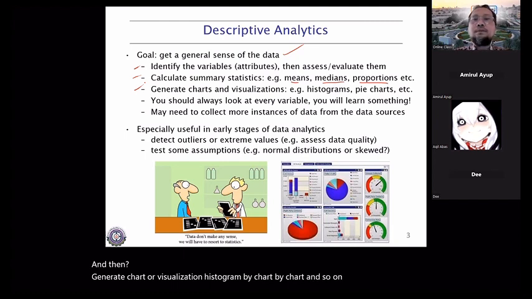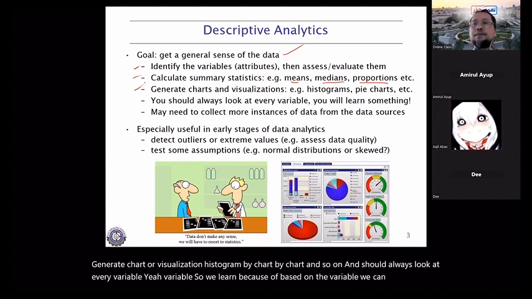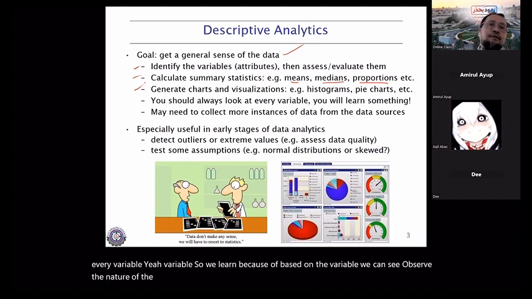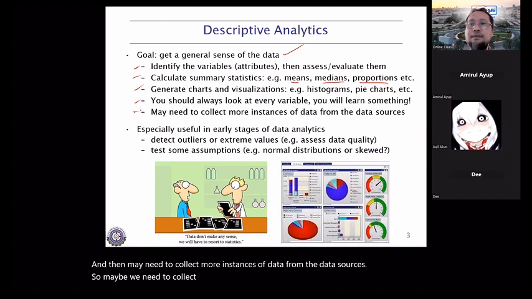We should always look at every variable, because based on the variable we can observe the nature of the data. And then we may need to collect more instances of data from the data sources, maybe scrape the data from the resources, and after that put it for the analytic.